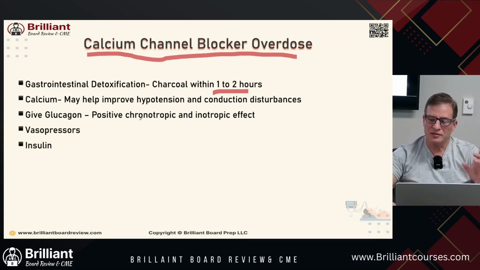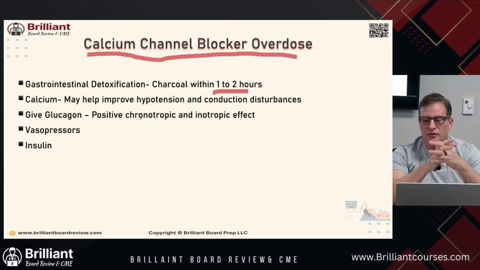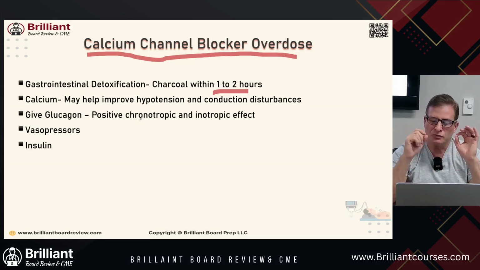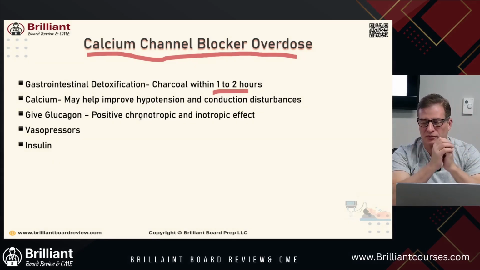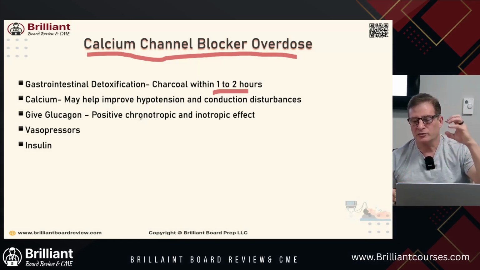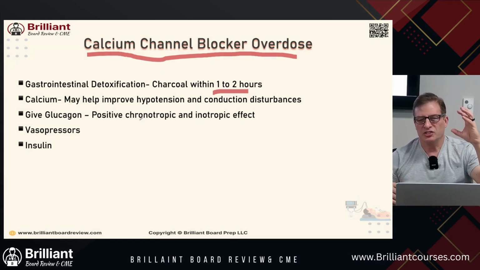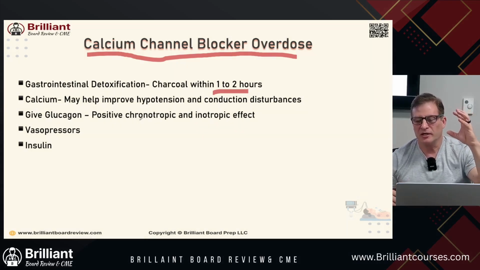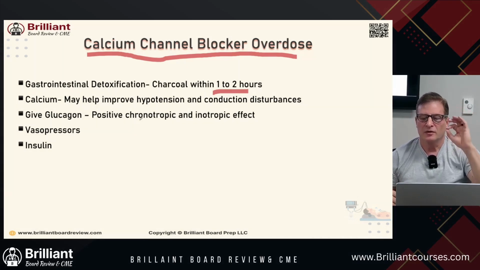Insulin. How does insulin work? This is interesting. You wouldn't think about this. When you take too much calcium channel blockers, it shifts the myocardial substrate from the preferred carbohydrates to free fatty acids.